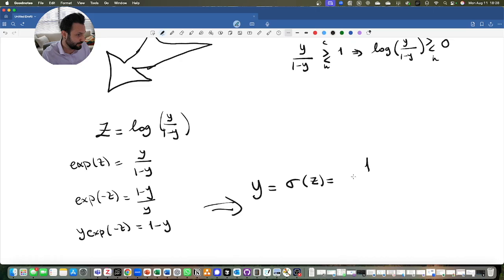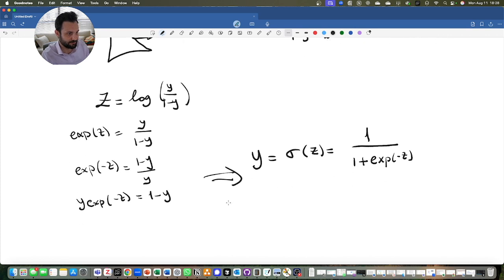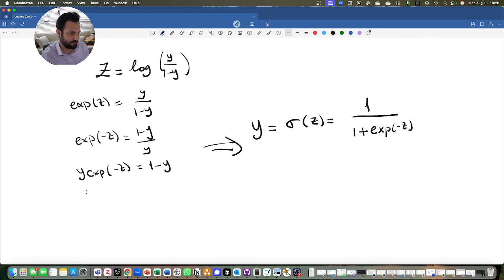It's 1 over 1 plus exponential negative Z. There's one more line here: 1 plus exponential negative Z in parentheses times Y is equal to 1.